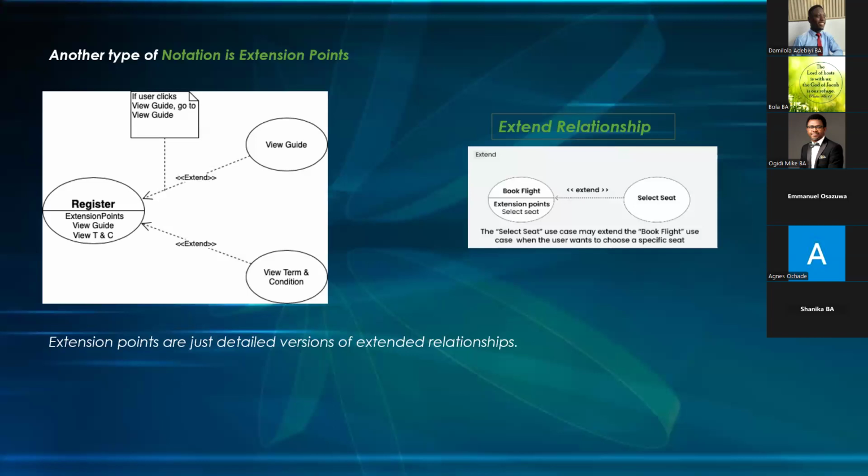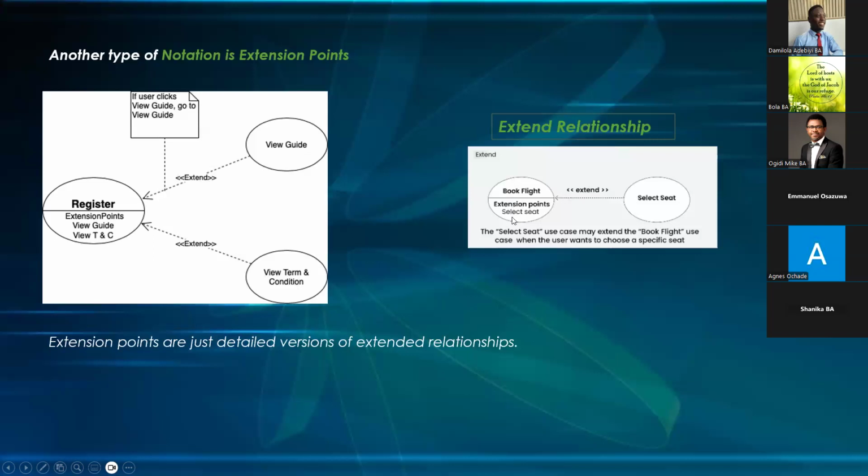If you click something else to help you achieve that, that becomes an extension point. That's why you see view guide or view terms and conditions here. Anything that would help you to achieve this registration becomes an extension point. In this case, the guide and the terms and conditions. Does it make sense?